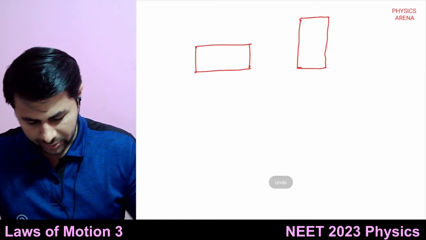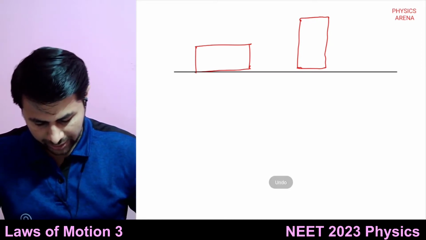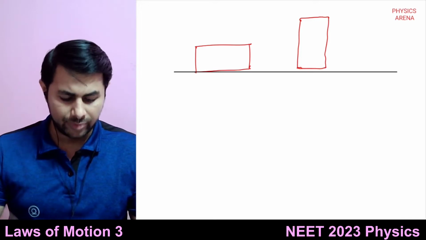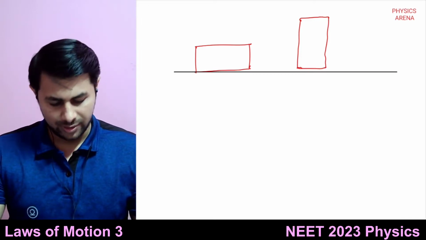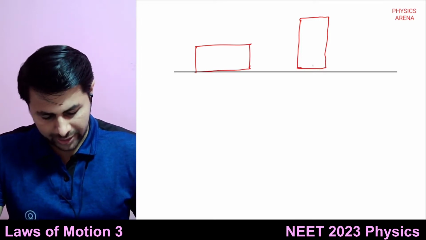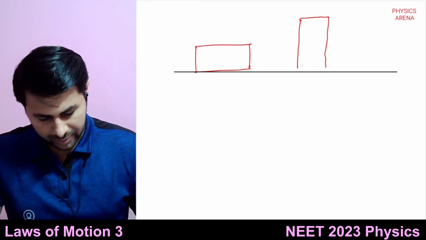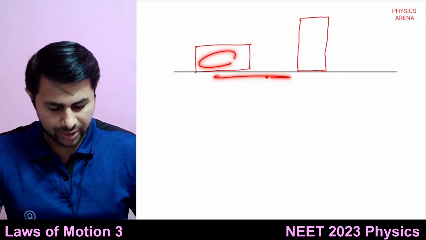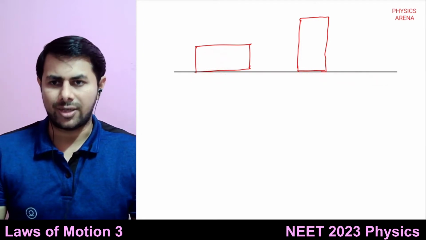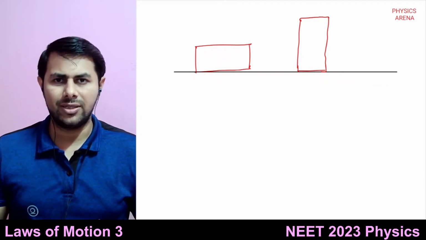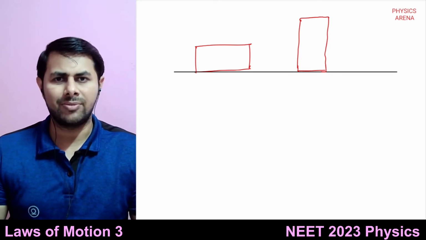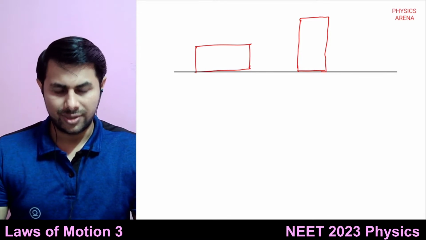The maximum value of the static frictional force experienced by both of these blocks will be the same. It doesn't depend on how much area of this block is in contact with the floor. Normal reaction is equal, so the limiting value of static frictional force will be equal.